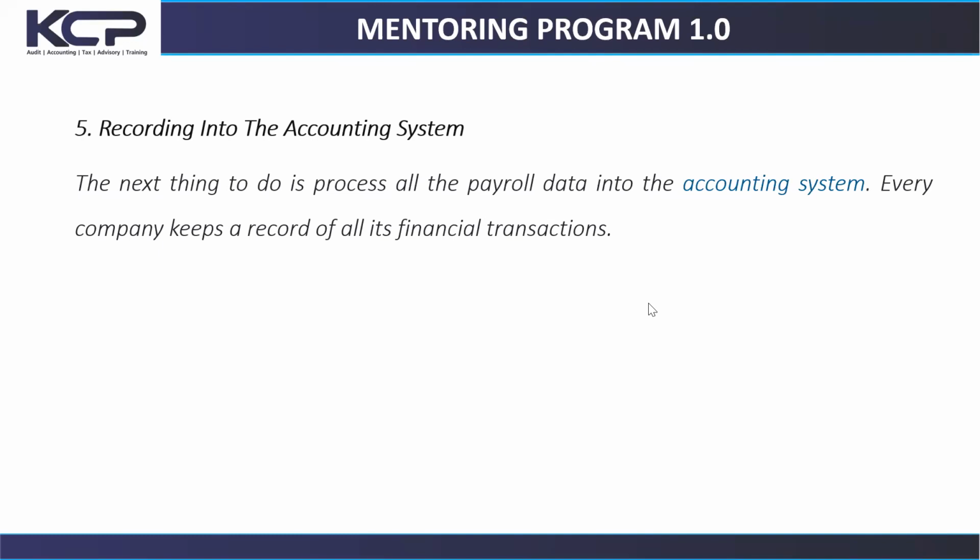Jumoke, are you there? Or who is ready to answer the question? Hello, sir. Okay, your name? Akande Adetunji, sir. Okay, you have the floor. Do you understand the question? Yes, sir. Okay, tell me how to make this posting in your books.